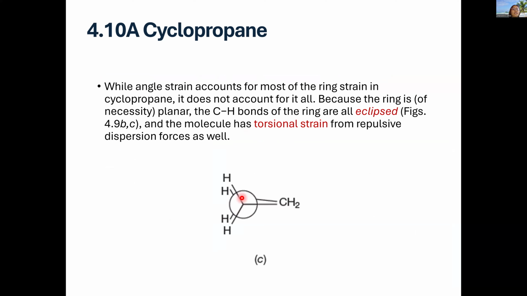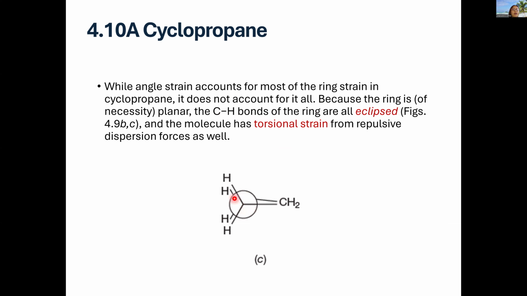So while the angle strain accounts for most of the strain in cyclopropane, it does not account for it all because the ring is planar and the carbon-hydrogen bonds of the ring are all eclipsed. You can see here, no? We know that the eclipsed conformation would result in strain, okay? So there is an additional strain.